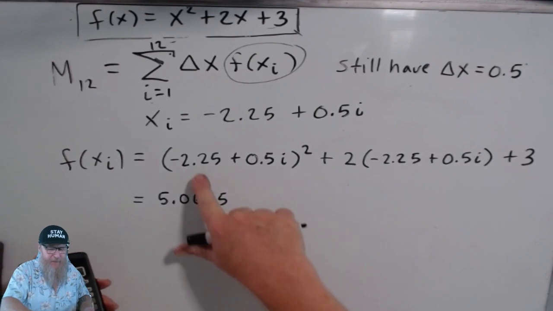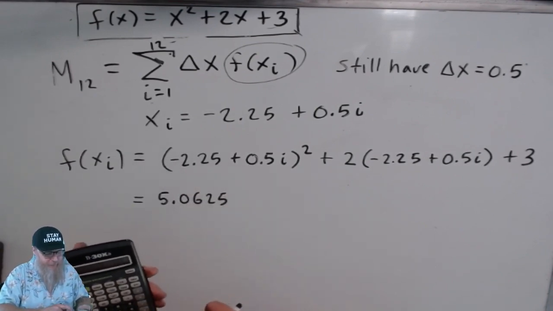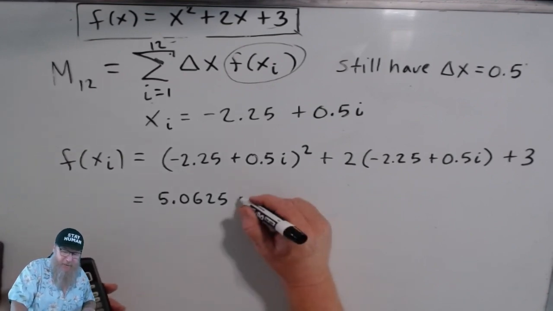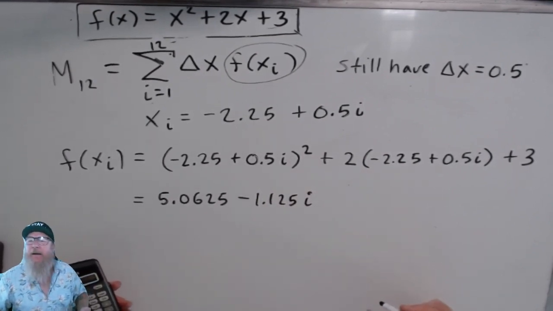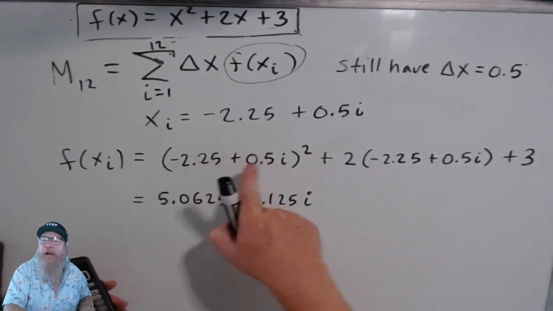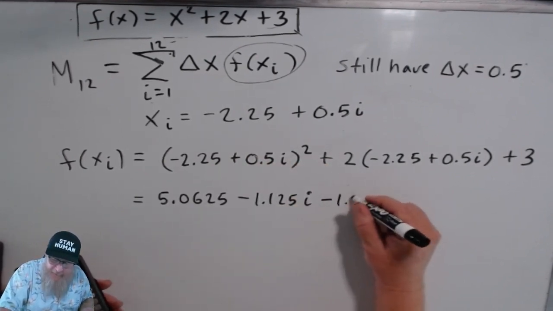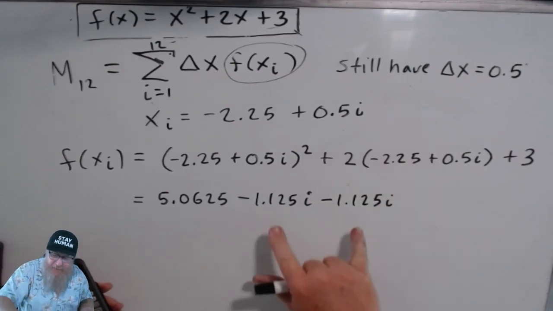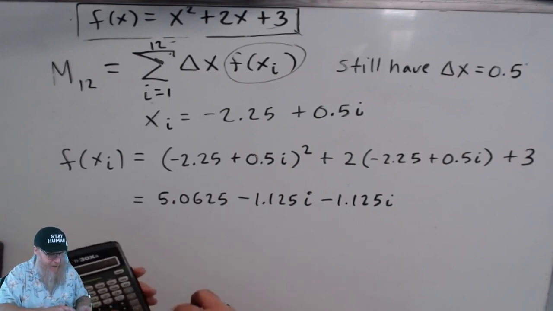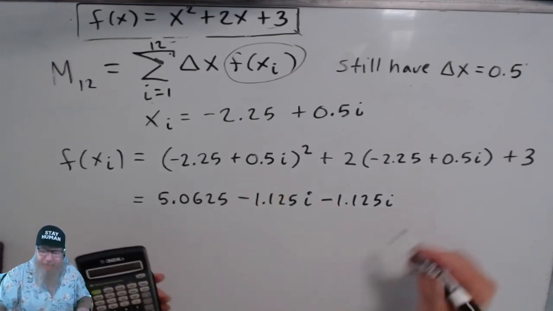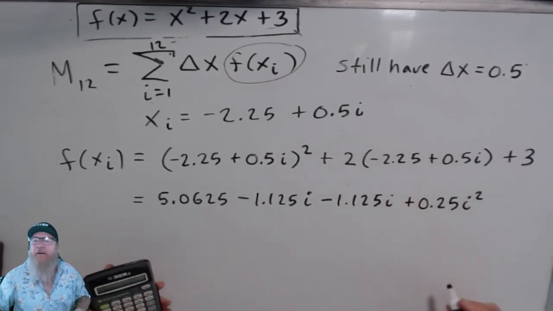And then you have negative 2.25 times 0.5, which is negative 1.125i. But remember, you're multiplying this by itself twice, so you're going to have another copy of that. You don't have to do it twice. You'll get 2 copies of the same factor. And then finally, you got the 0.5 times 0.5, which is another 0.25 i squared.